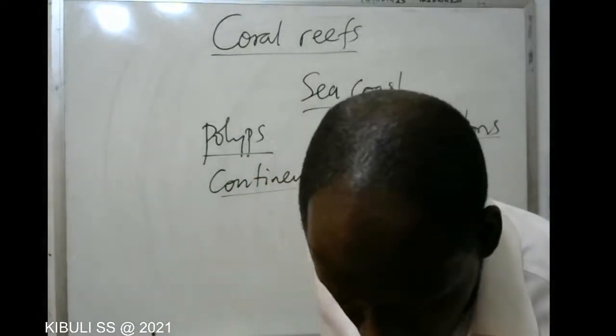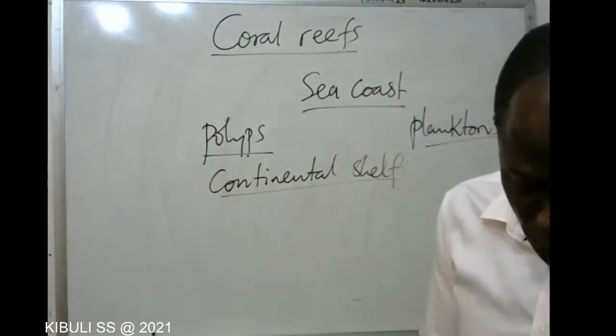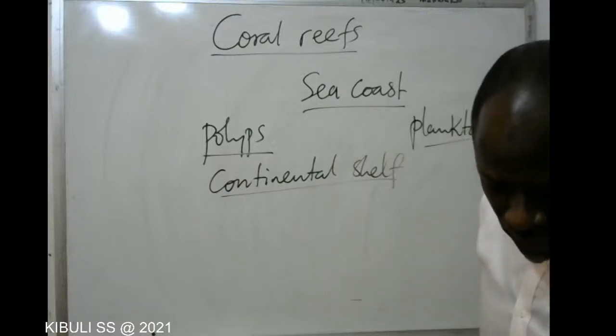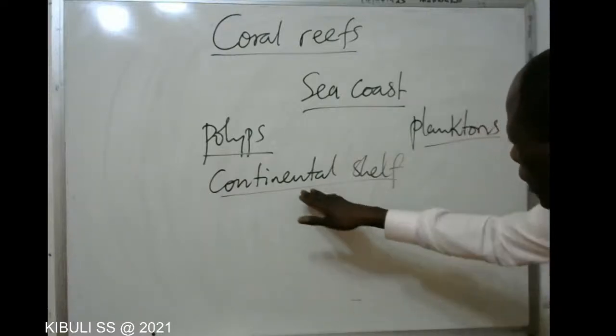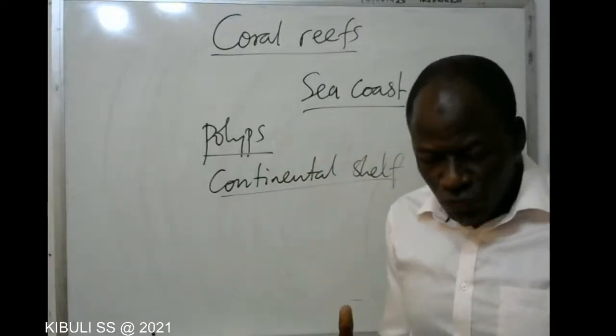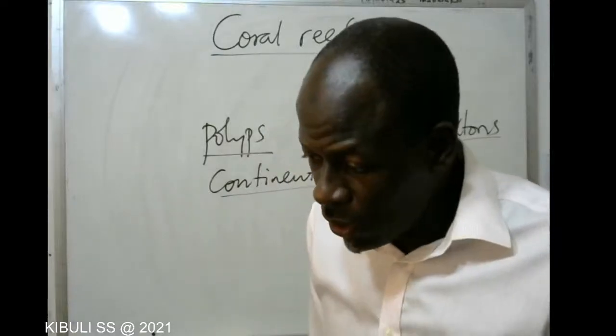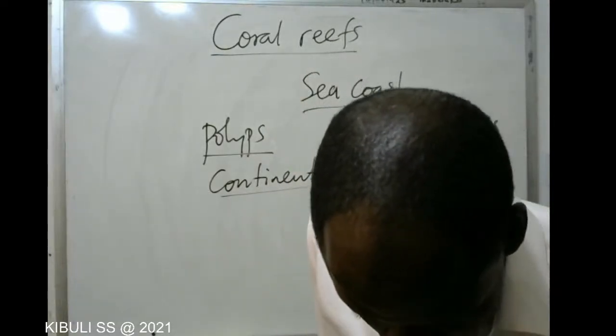Then presence of a large stable continental shelf, which acts as a platform on which skeletons of polyps accumulate. So this ground, which is the continental shelf, must be firm and strong, so that it will be able to allow accumulation of the remains or skeletons of the polyps.